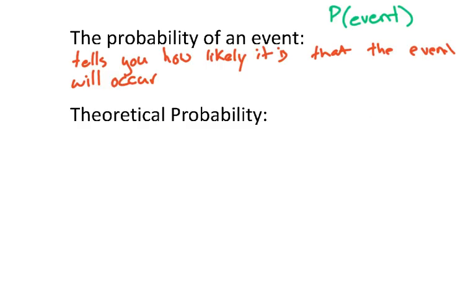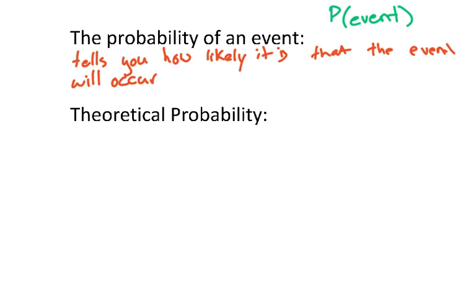Now, your probability of an event, which we denote as P and then whatever the event is, tells you how likely it is that the event will occur.